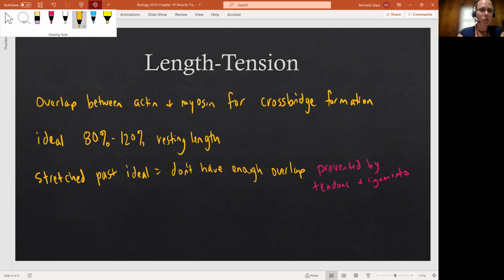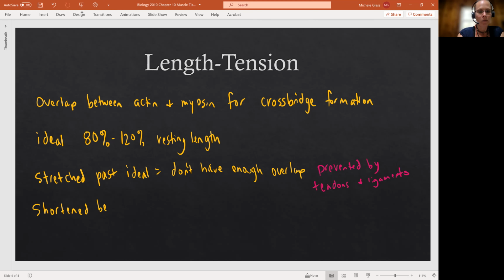If it is shortened beyond that 80%, I put is all jammed up. Meaning those actin are bumping up against the M line. There's just not anywhere else to slide that thin filament across.